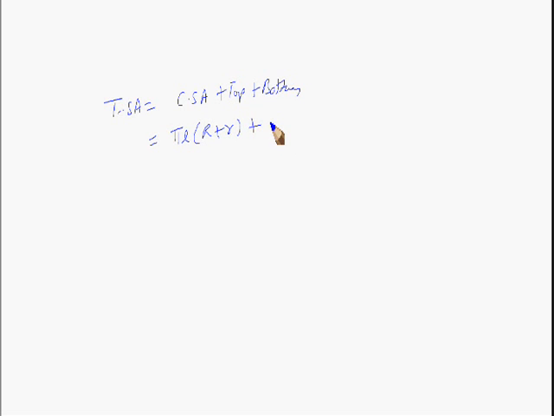The top surface has radius small r, so its area is pi small r square, and the bottom surface has radius capital R, so its area is pi capital R square. Now by taking pi common, we get l into R plus l into small r plus small r square plus capital R square. This is the formula for the total surface area of a frustum. Now we move to the problem related to frustum.